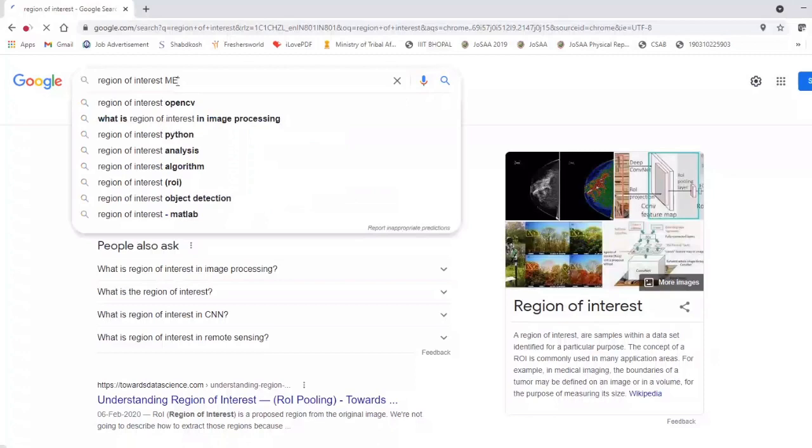Now, are you able to see this screen? Yes, sir. So I have typed here region of interest, medical imaging, then selected images. Okay. So this is the region of interest.